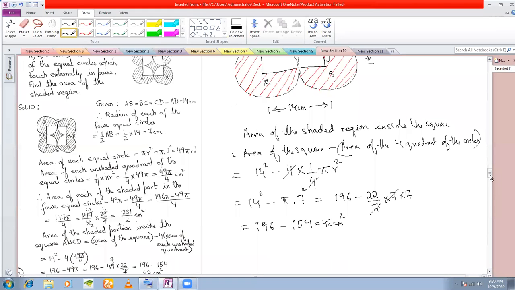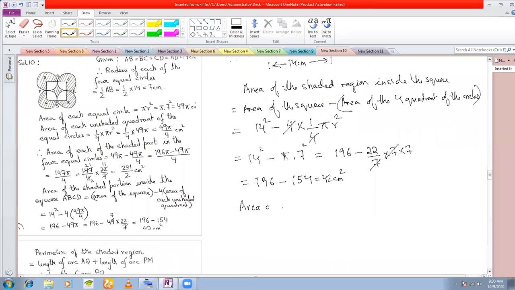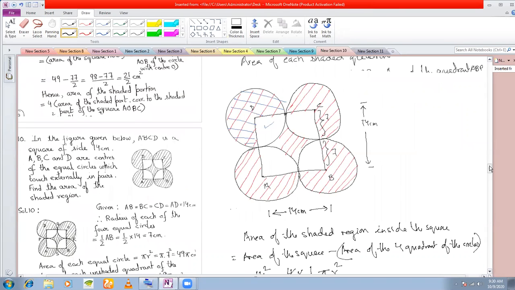Now, how do you get the area of the shaded region outside the square? Area of each shaded region. You remember the word each. By each I'm talking only about the blue one that I have shaded, not all the four.